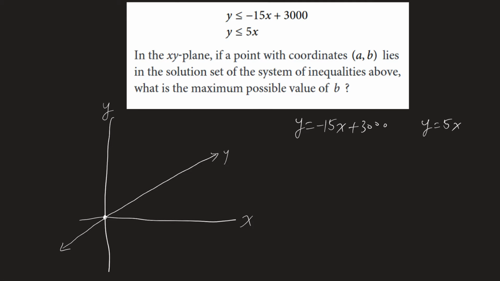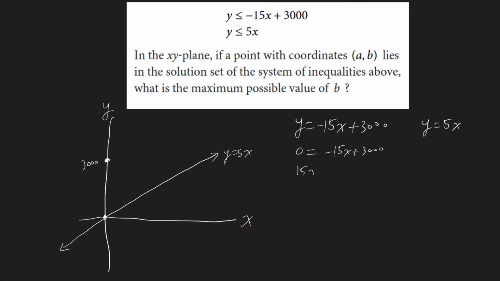The other line, y equals negative 15x plus 3,000, you can tell immediately that the y-intercept is at 3,000. And what's the x-intercept? You can find the x-intercept by setting y equal to 0 and then solving for x.